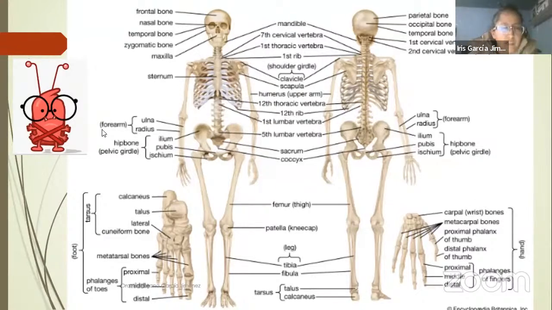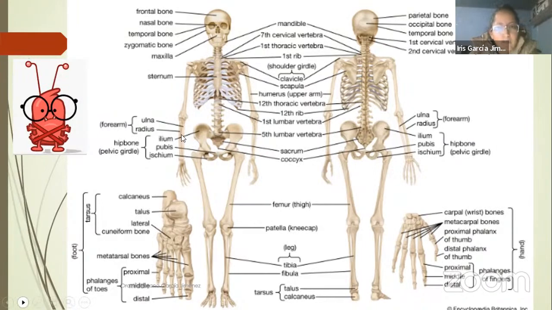Another one, for example, the forearm, very common in the common expressions, but we have to consider the ulna and the radius, the hip bone, the pelvic girdle, the ilium, pelvis, and ischium. So you must check the way of writing down and practice it. Any question about pronunciation, there is no trouble to work on it during the workshop, okay? That's my function, that's why we are there.